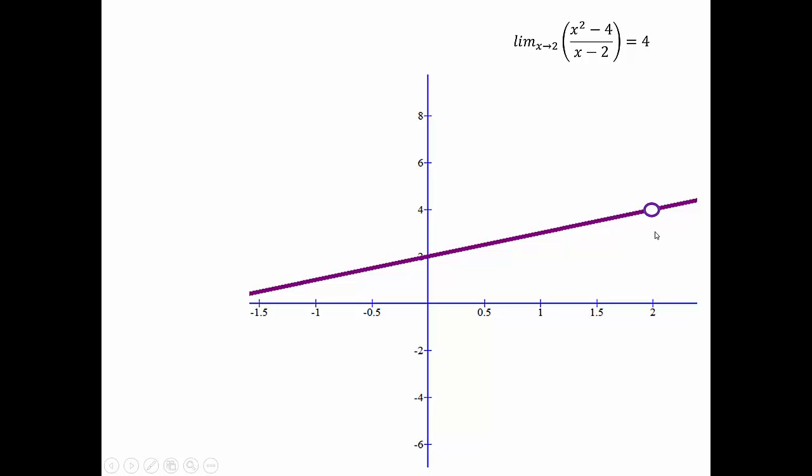But if I get really close to 2 from the left-hand side and the right-hand side, the value of the function is getting close to 4. That's where I keep saying over and over, a limit could care less about the value of the function, because at x equals 2, there is no value of the function. But the limit as x approaches 2, that's where we get this 4.